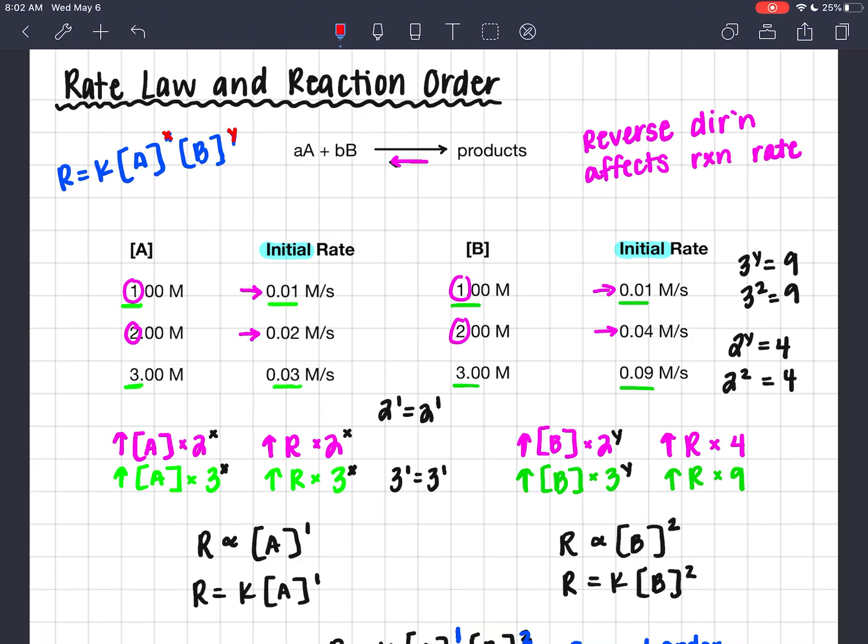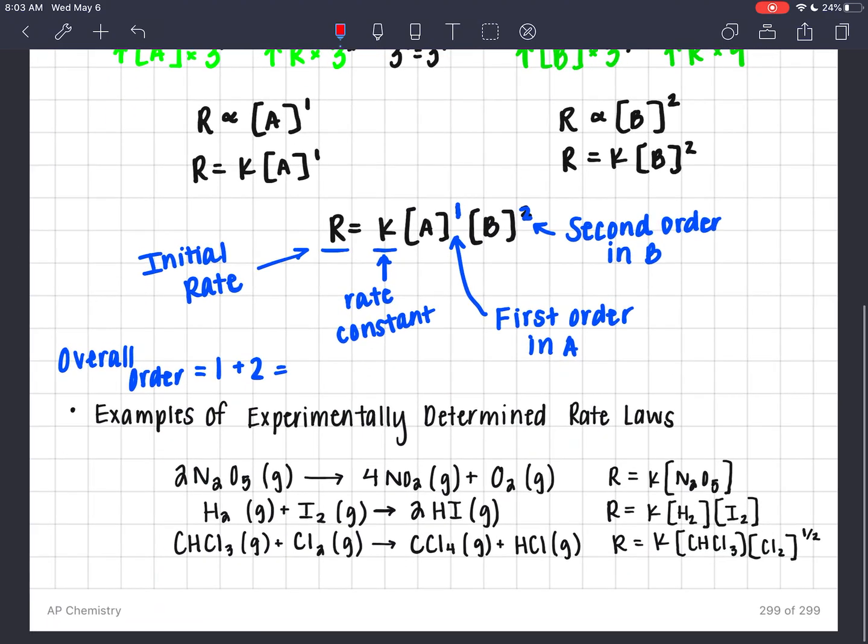They are not going to be the same as the coefficients. Sometimes they might be, but many times they will not be the same as these coefficients A and B right here. So we must look at experimental data to figure out what these orders are. They must be determined experimentally. They can't be determined simply by looking at the reaction. As convenient as that would be, it's just not the way that first order and second order works.